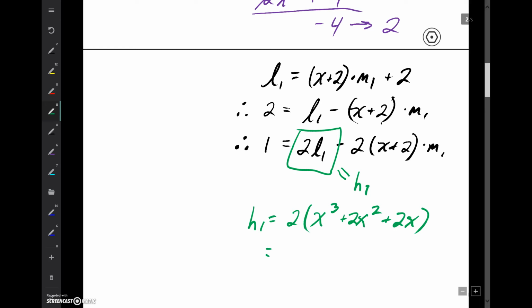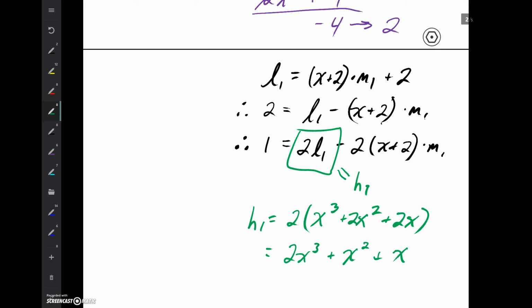So H1 is going to be 2x cubed plus, this would be 4x squared, but in mod 3 it's just 1x squared. Same thing with the x value: 2 times 2 would be 4x, but in mod 3 it'll be 1x. So H1 is 2x cubed plus x squared plus x.